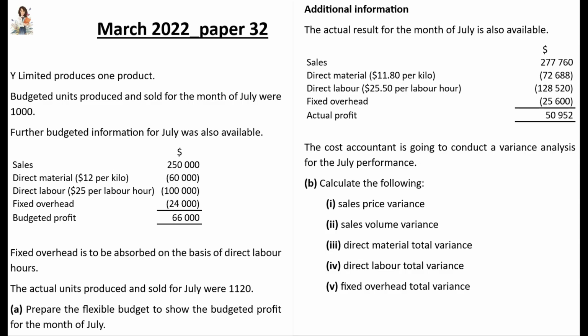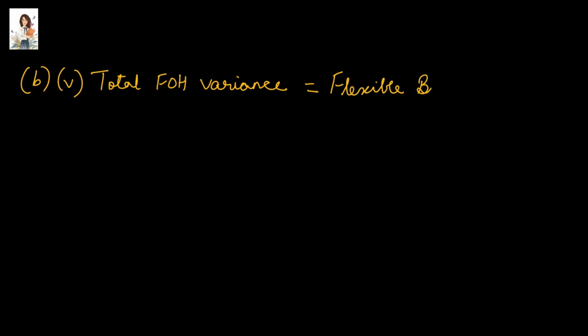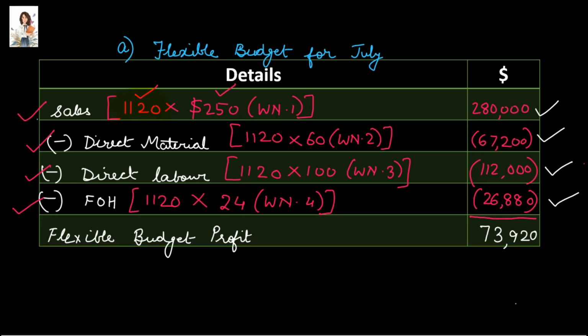In part B5, we have to find the fixed overhead total variance. So this is part B5. Total fixed overhead variance is equal to flexible budget fixed overhead minus actual fixed overhead. I have discussed this formula in detail in my fixed overhead variances video. In part A of the answer, we have already calculated the flexible budget fixed overhead, which is $26,880.